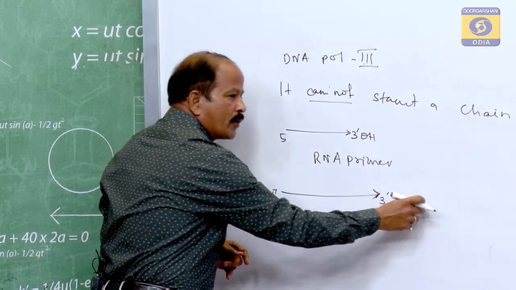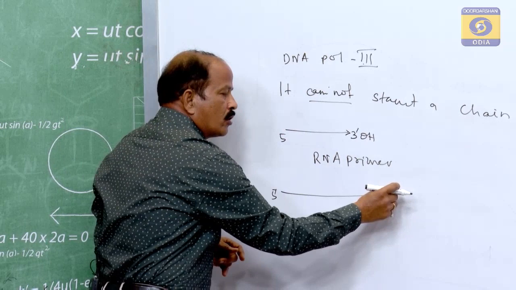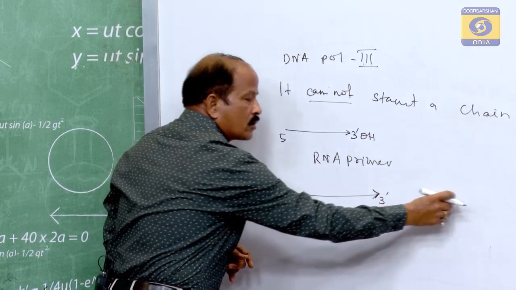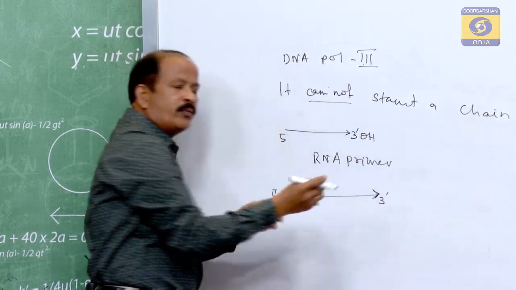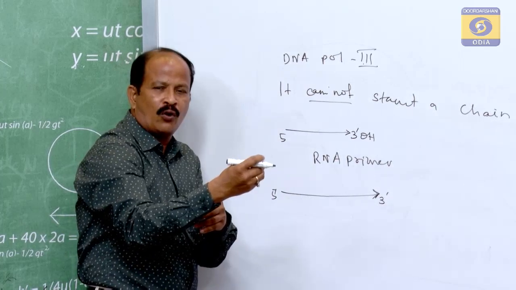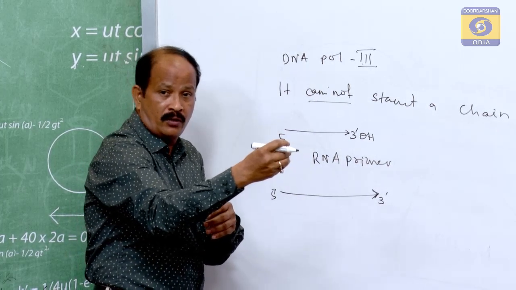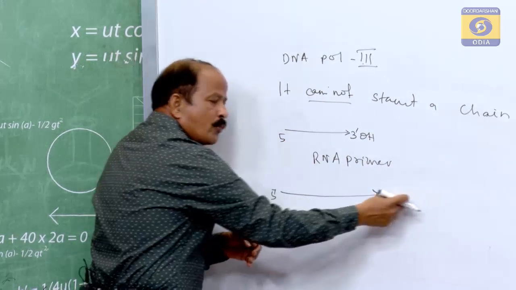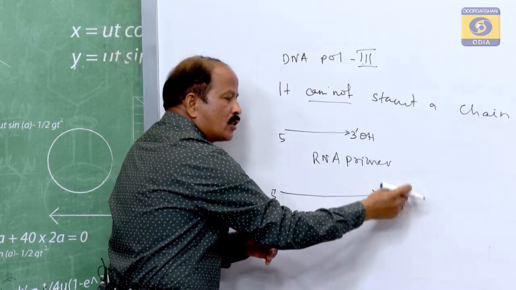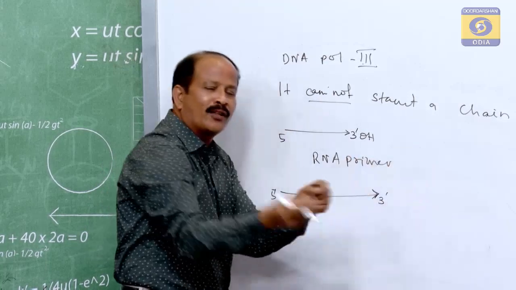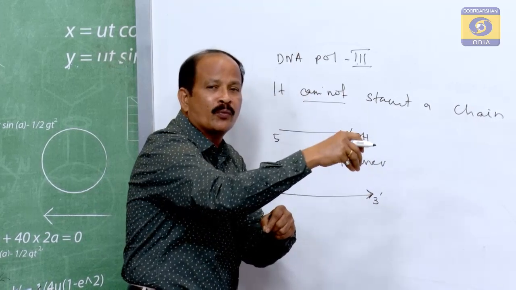It goes for polymerization, it adds new nucleotides to the growing end, but whenever a mistake or a wrong base or nucleotide is incorporated, then it comes back, excises it, cuts it and removes it, then another new base is incorporated.